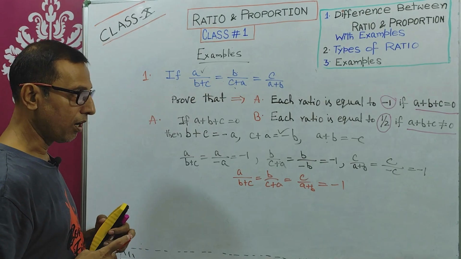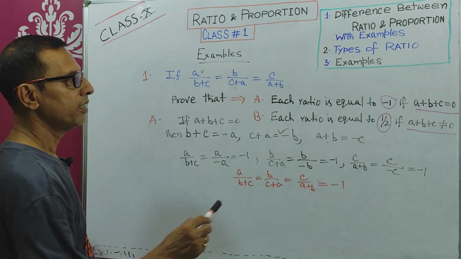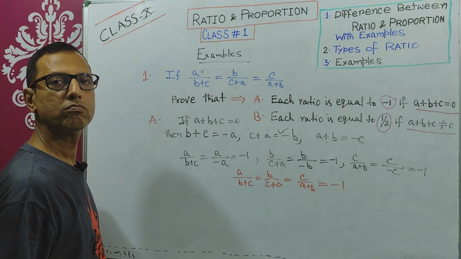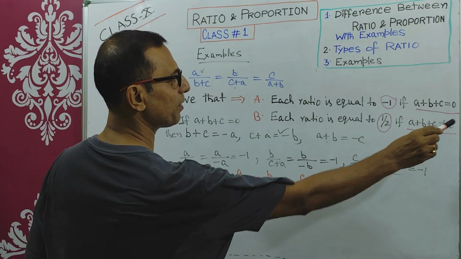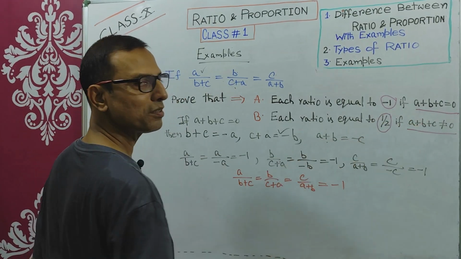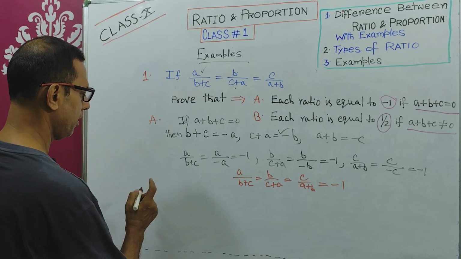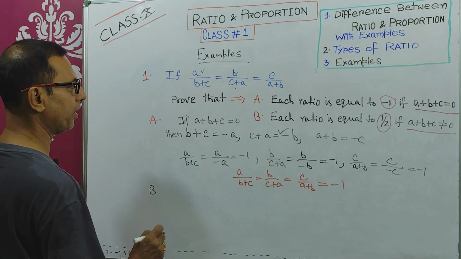Right? Now, second one, the condition is given a plus b plus c not equals to 0. That means you cannot say b plus c equals minus a. If this is not equal to 0, you cannot say that. So what you will do for the second example, you remember the property, what did I say?